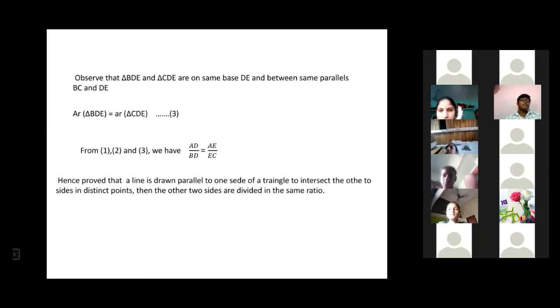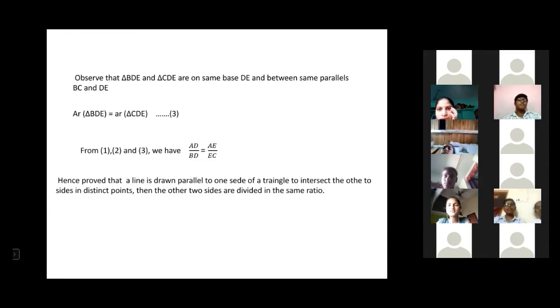Is there any doubt in the first theorem? No, sir. Still the second theorem.